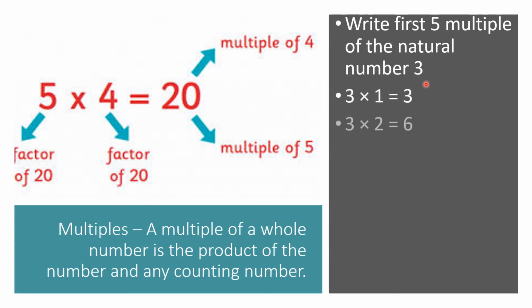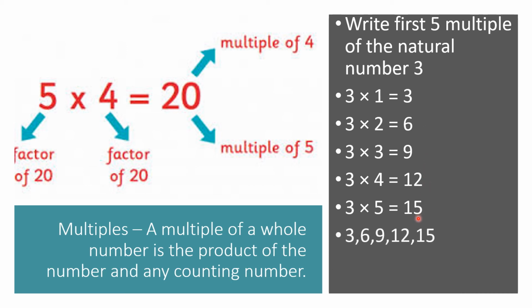Second multiple is 3 twos are 6. Third multiple is 3 threes are 9. Then fourth multiple is 3 fours are 12 and fifth multiple is 3 fives are 15. It means what are the first 5 multiples of 3? 3, 6, 9, 12 and 15.